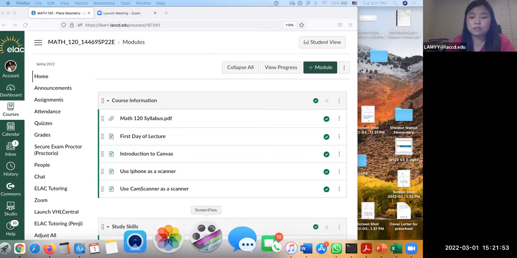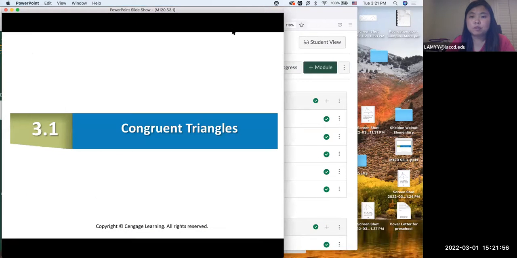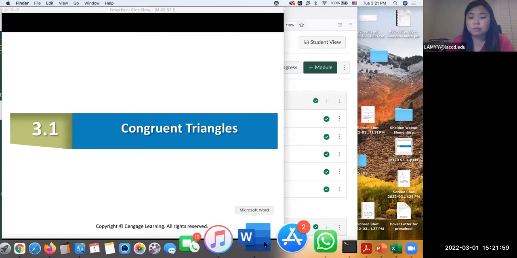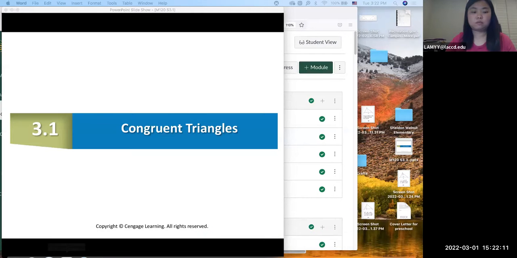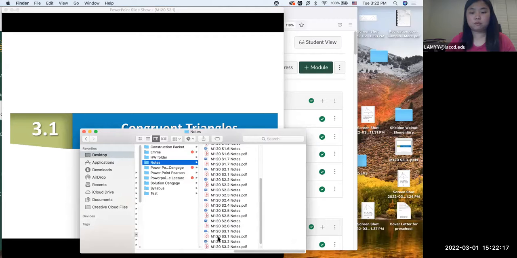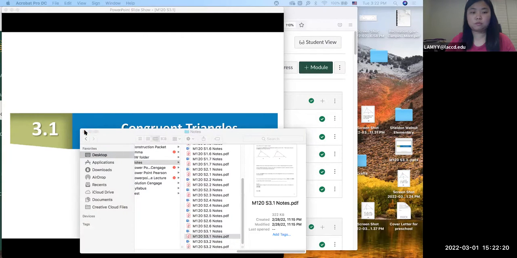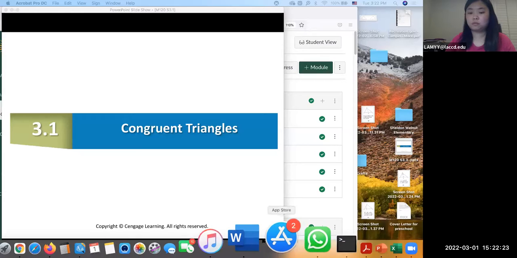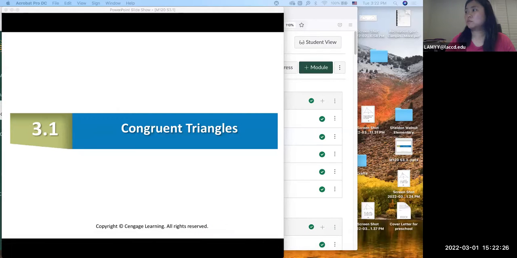Okay, session 3.1. Congruent triangles. In this session we talk about triangles.